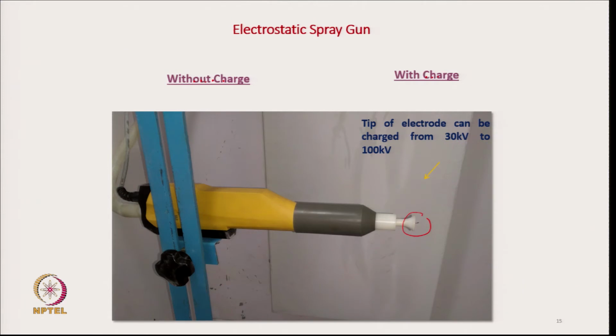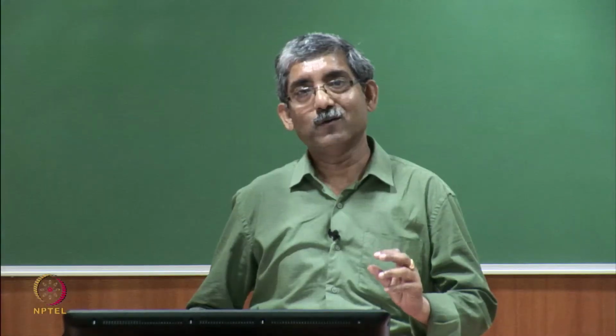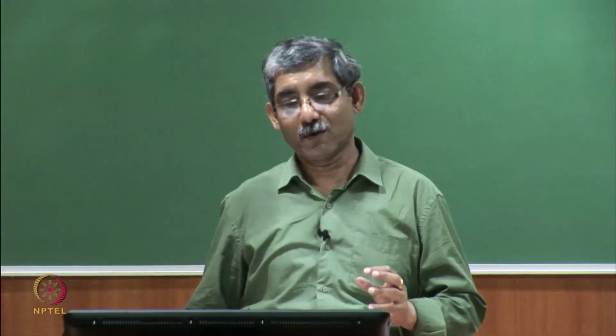Now, let us see the effect of charging on the powder coating performance. If there is no charge in the particles, the powder will be only pushed with the help of compressed air.